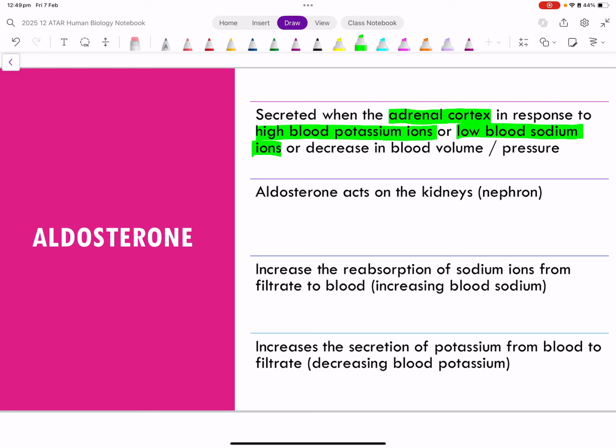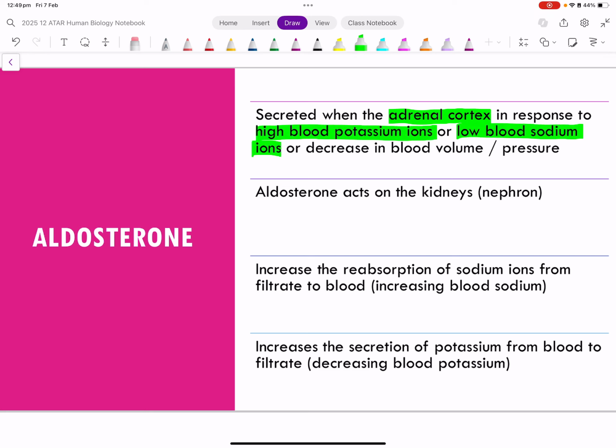This may also be released due to a decrease in blood volume or a decrease in blood pressure. Aldosterone itself acts on the kidneys, and more specifically, the functional unit of the kidney known as the nephron. It does this by increasing the reabsorption of sodium ions from the filtrate of the blood and increasing the secretion of potassium from blood to filtrate.